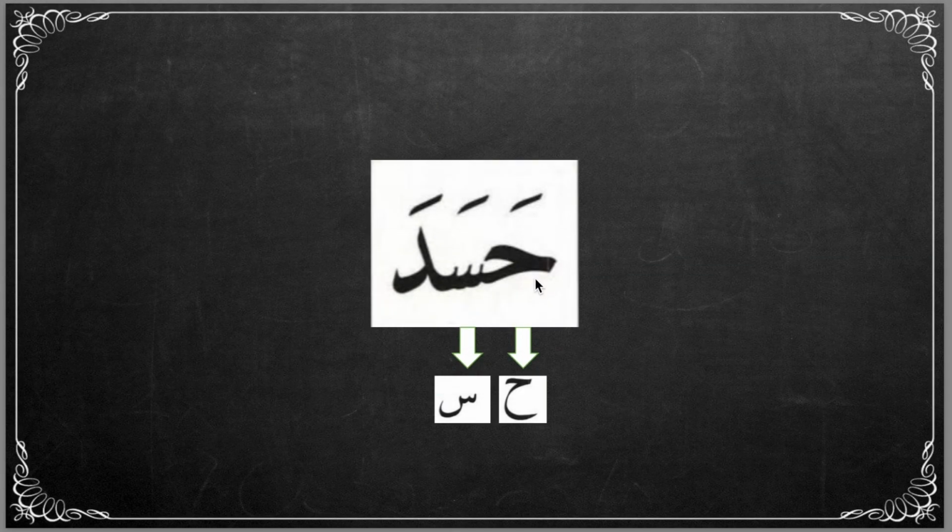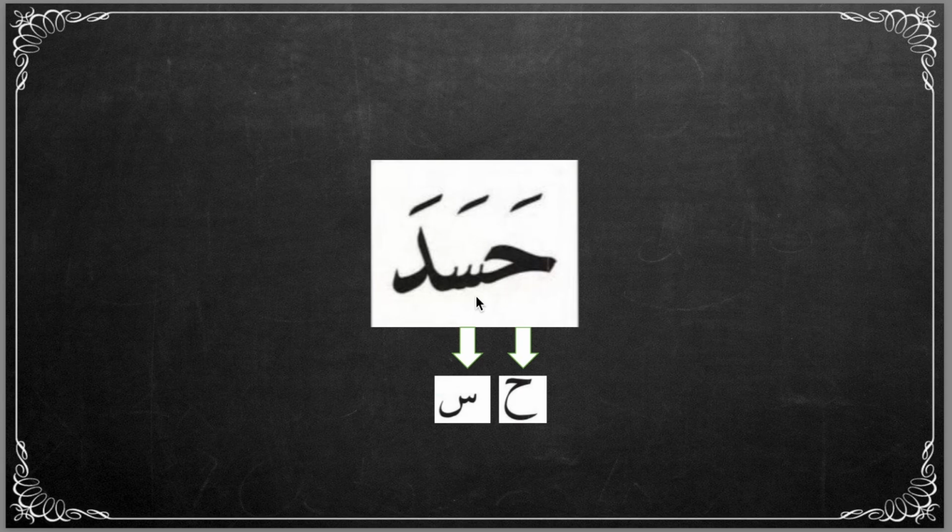Now here we have the letter ha, seen, and dal, with all three having fathas. When we're reading this, you'll see this is the letter ha, because we only see the head of the ha, and the tail is not here because we're connecting it to the next letter.